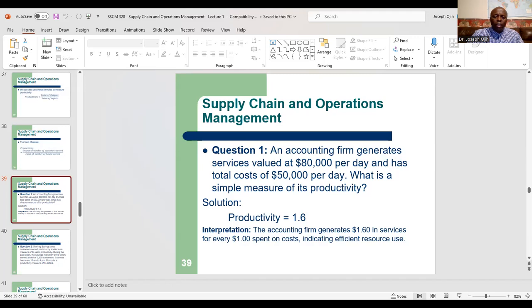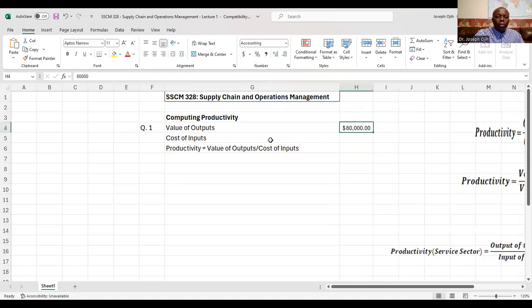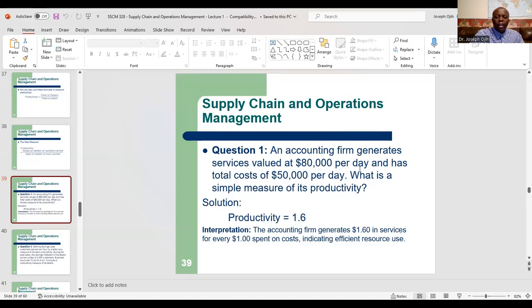Taking you to Excel, I have $80,000, with a dollar sign. Then the cost of the input. According to the question, the firm has a total cost of $50,000 per day. This is the output they generate per day, $80,000, and it costs them $50,000 per day to generate this output.